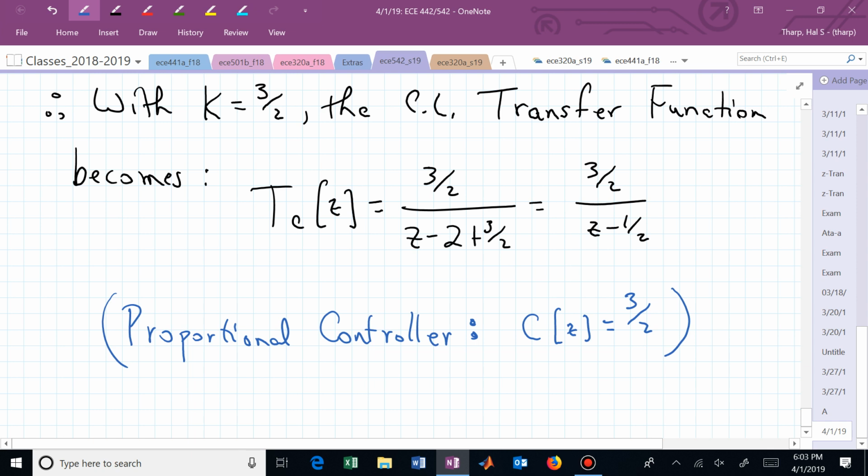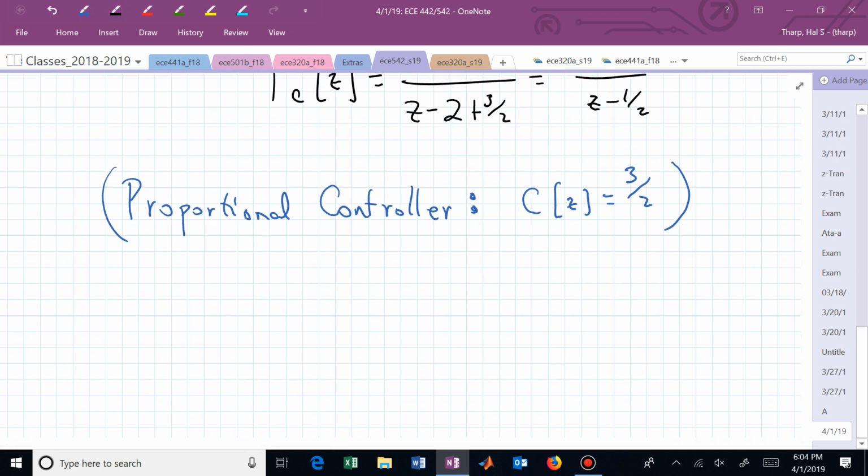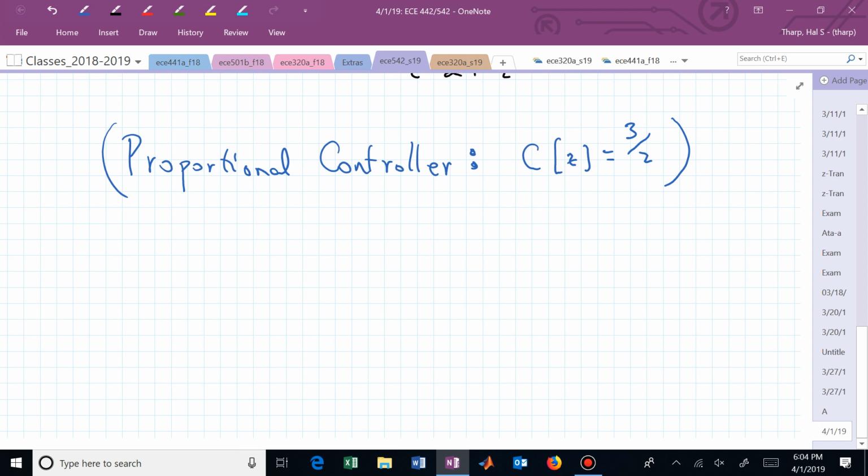A PID controller with the I term and the D term set to 0, we have a proportional term. There's a PID controller that is 3/2. What observations can we make relative to this C of z equal to 3/2 and the result?